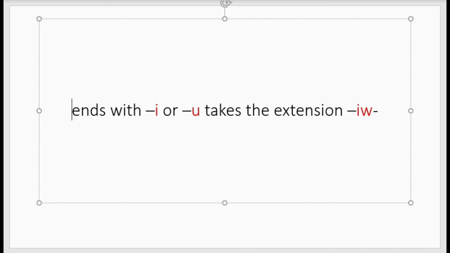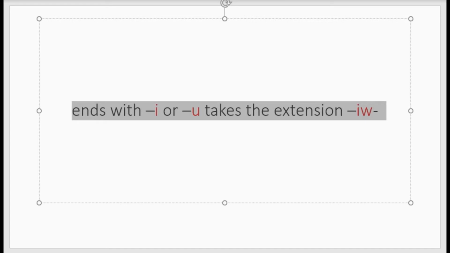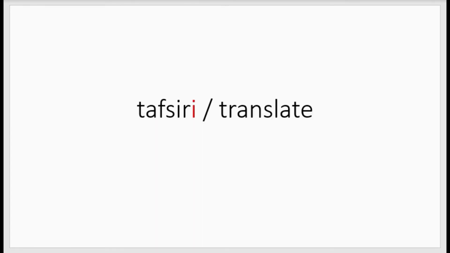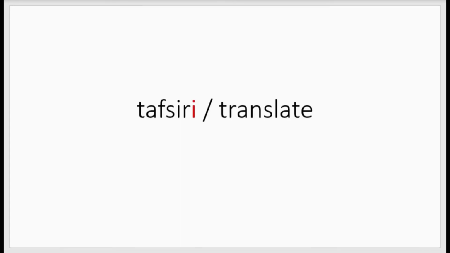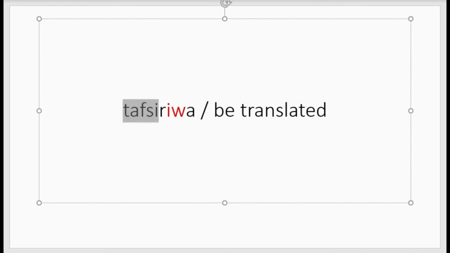Now, if the verb ends with i or u, it takes the extension iwa. Tafsiri, which means translate. Tafsiriwa, be translated.